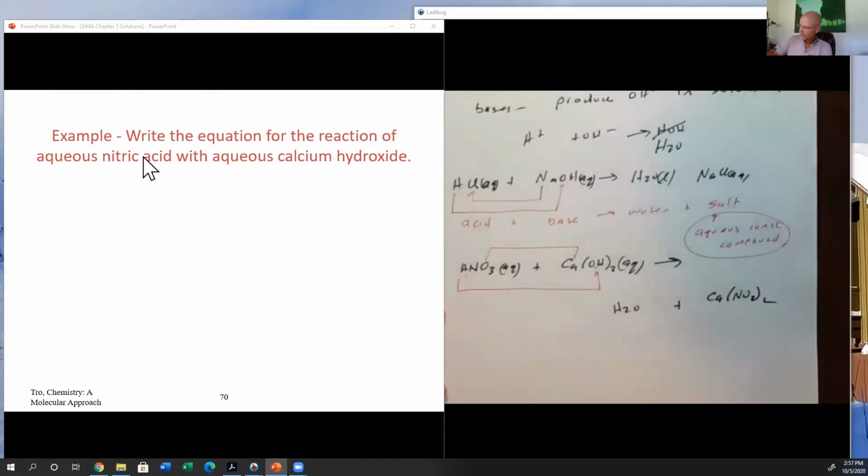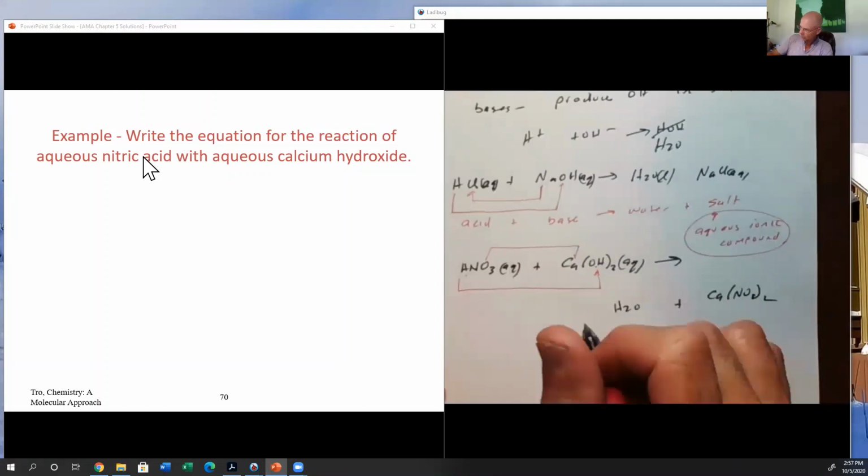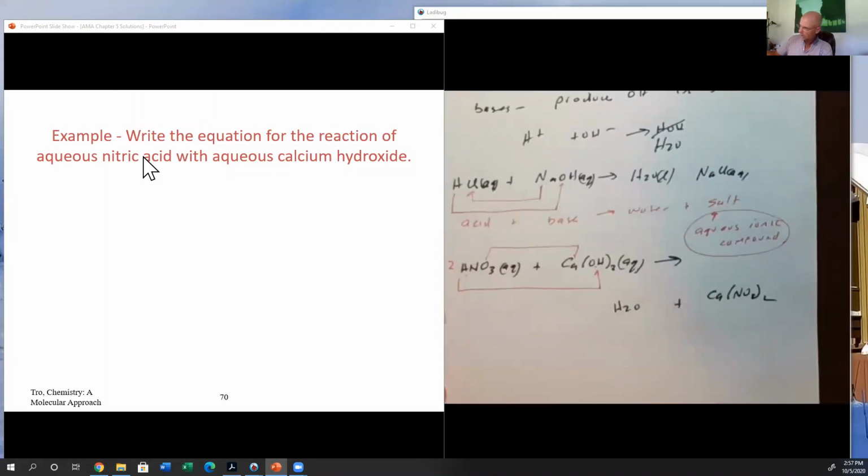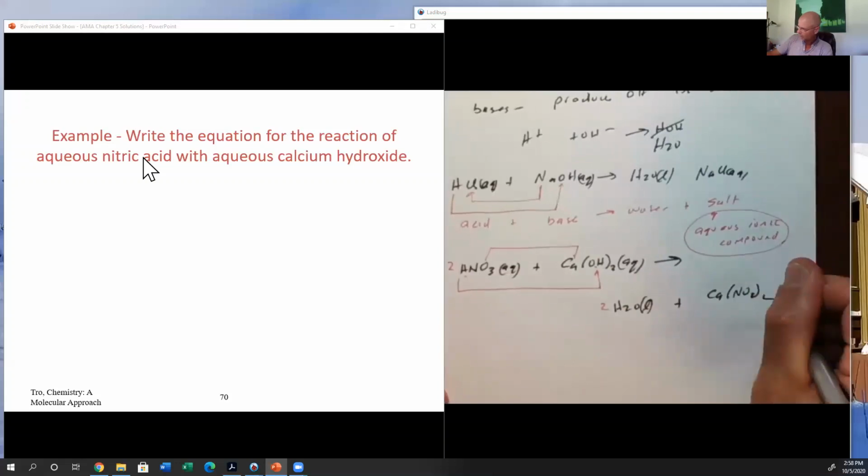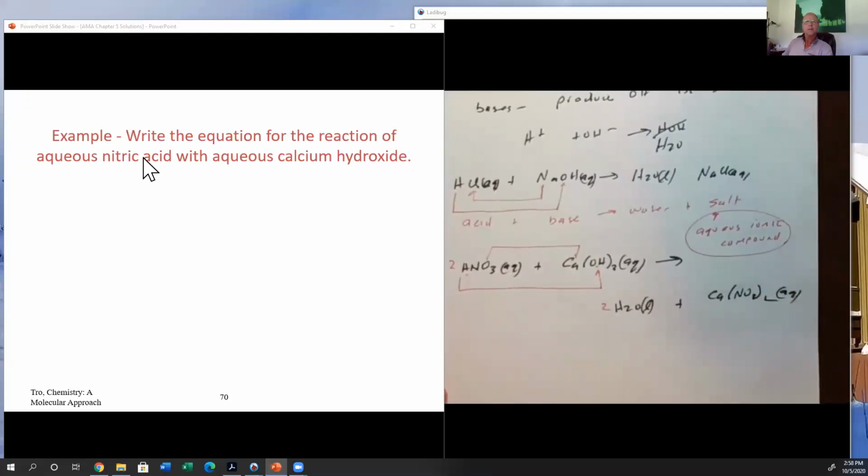And of course I have to balance that. I need a 2 here and a 2 here, and I think that balances it. But again, notice the pattern: acid, base, water, salt. And what did I forget here? I forgot my liquid and my aqueous. Does that make sense?